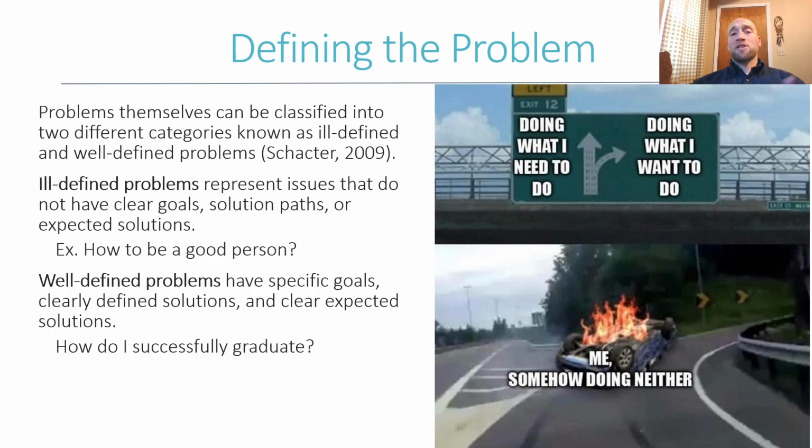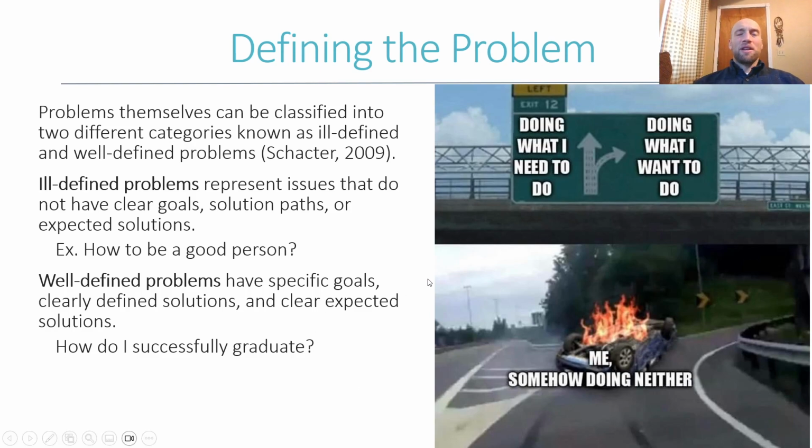The solution paths are not explicit. There really aren't expected solutions to these problems. These are kind of up in the air problems that maybe humanity has not tackled yet, or that maybe you as a person have not tackled yet. But at the end of the day, there are no right or wrong answers, so it's a little bit harder to come up with a solution.